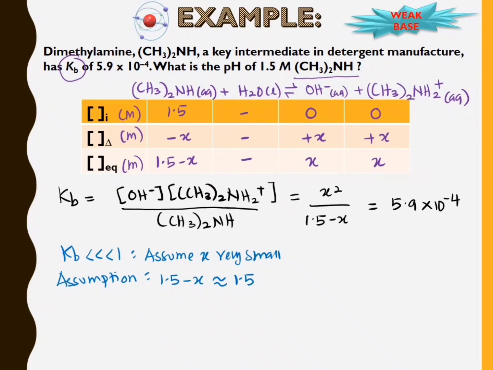Okay so far? Then our Kb becomes X squared divided by only 1.5, equal to 5.9 times 10 power of negative 4. So we can get the value of X here.